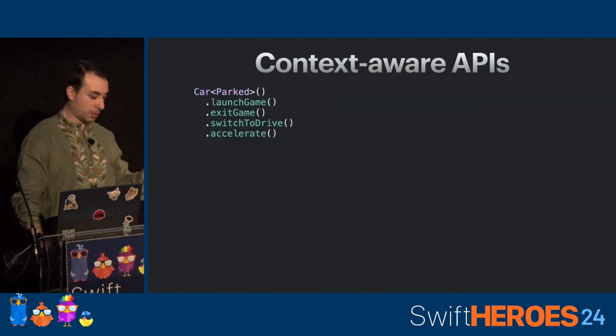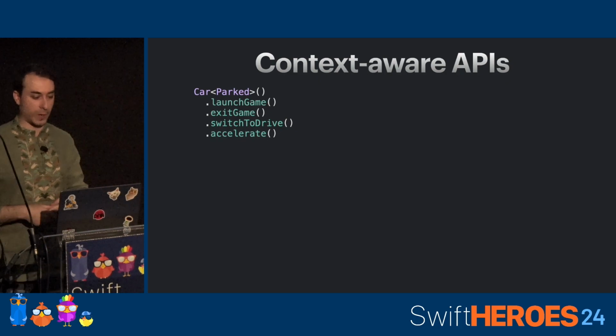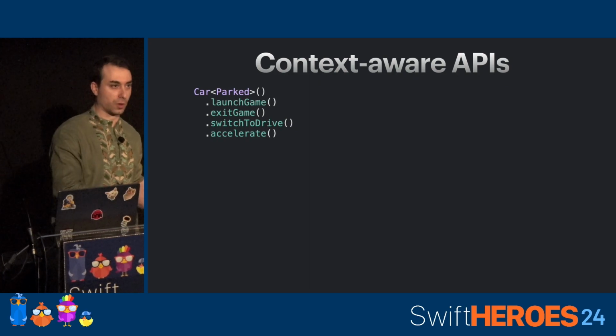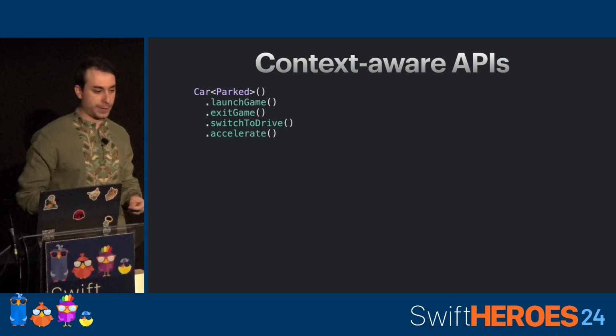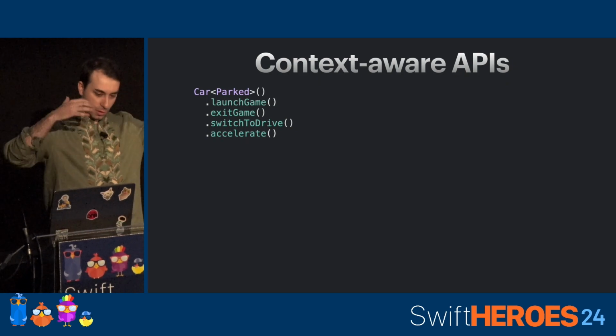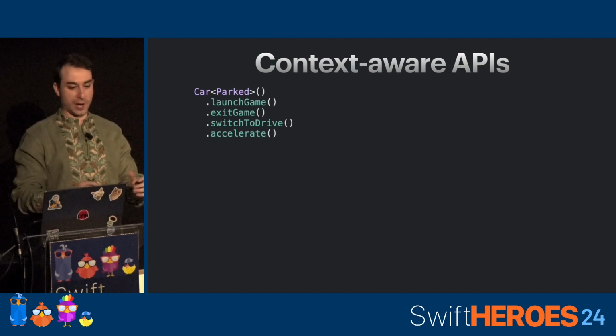Okay, so the generic APIs like this, where we have generic constraints, also enable this thing I like to call context-aware APIs. And you can see these types of APIs within SwiftUI often, or within libraries such as SwiftUI Introspect, where depending on the type on which you call the function, it might not be available.